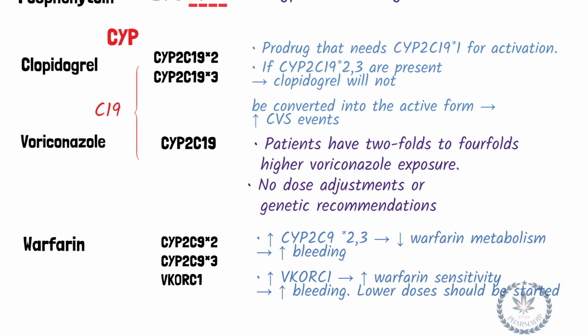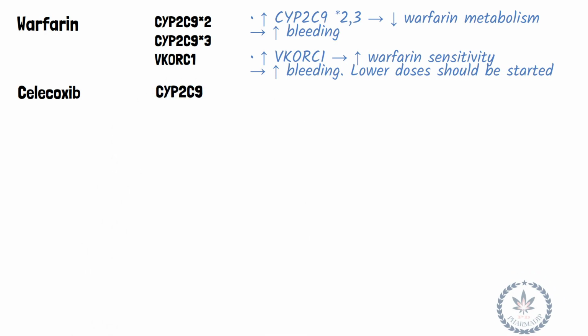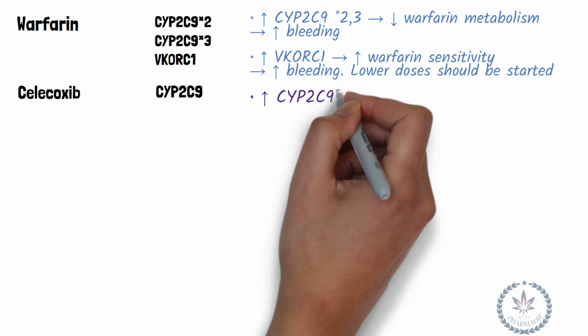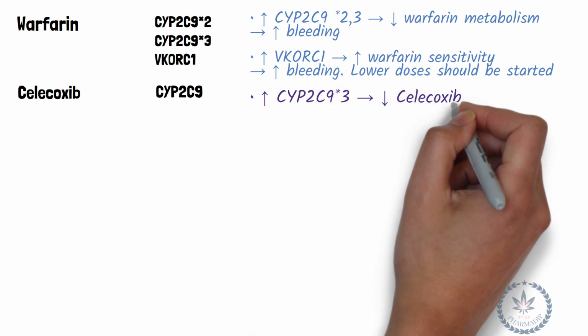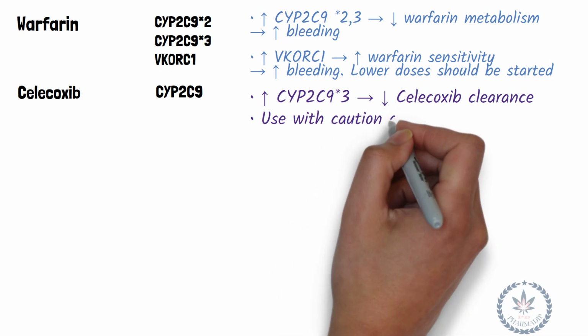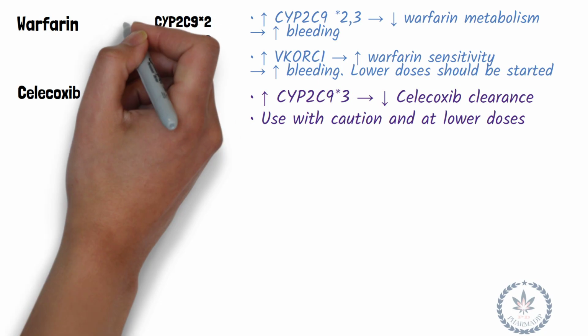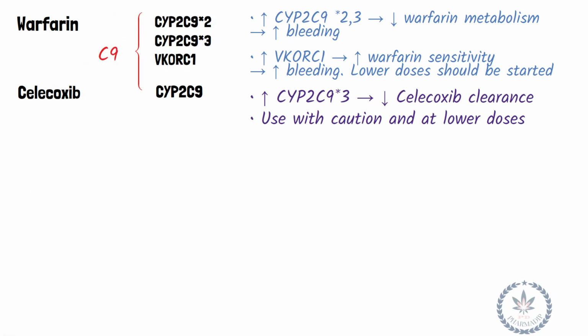For this, lower doses should be started. Celecoxib, CYP2C9. If a person has increased CYP2C9*3 expression, then there is reduced celecoxib clearance. For this, it is recommended to use with caution and at lower doses. These drugs are specific to the CYP2C9 gene.